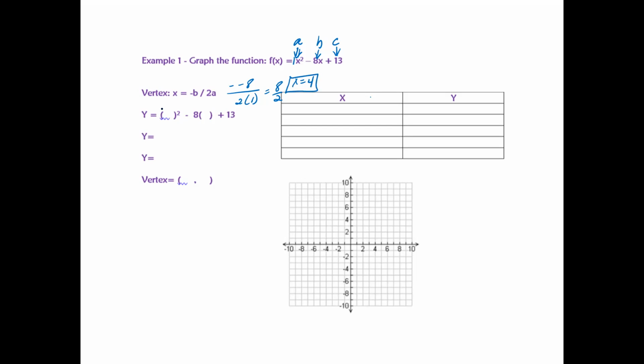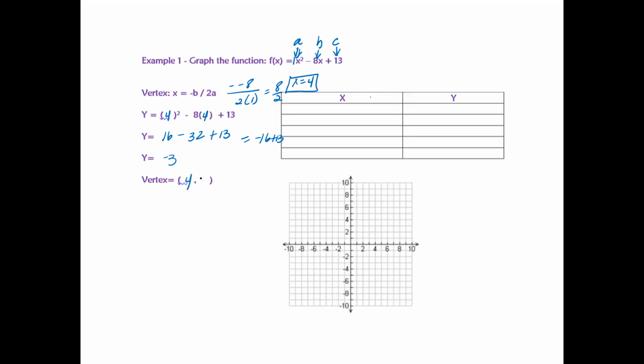All right, so then you're going to put 4 here in place of x. 4 times 4 is 16. 8 times 4 is 32 plus 13. So what is your y going to be? Well, this looks like it's going to be a -16 plus 13, which is going to be a -3.